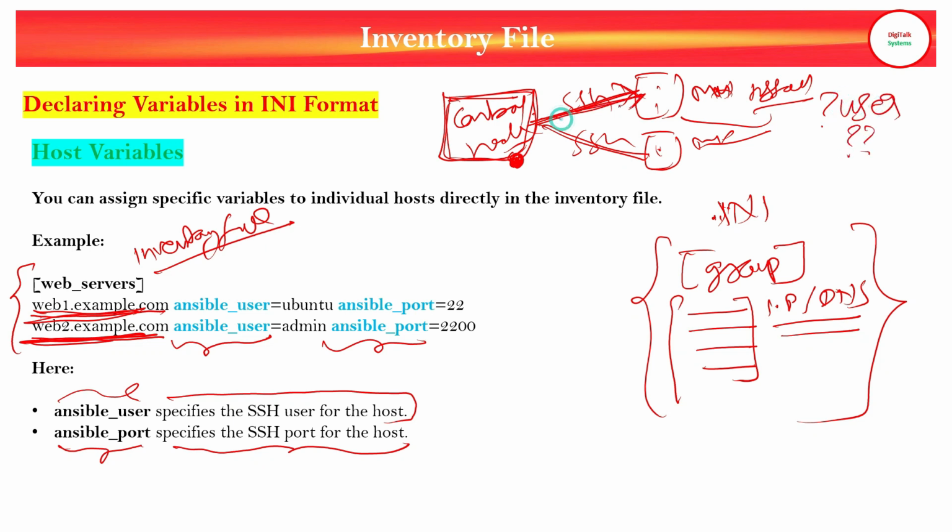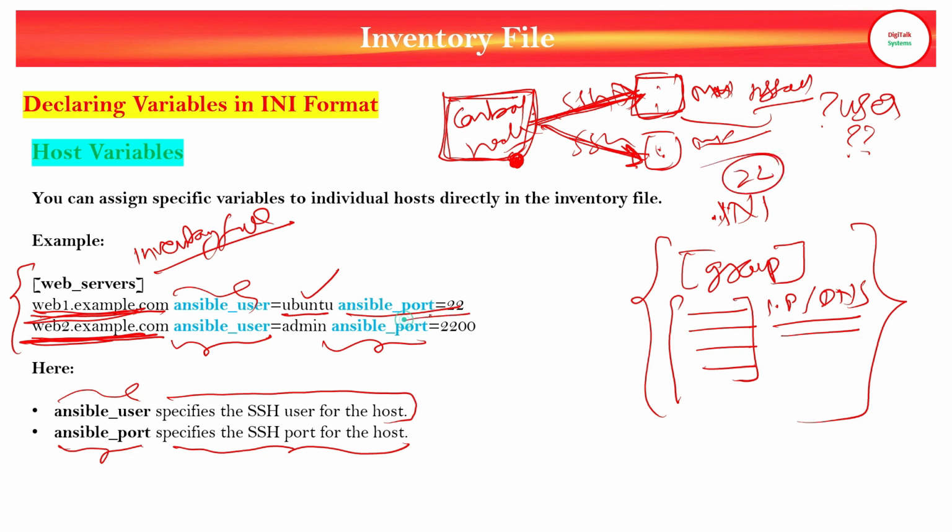Because it is connecting to a Linux machine, it has to connect as some user. So we can specify a username here with the help of ansible_user. When the control machine connects to your managed node, it connects as the user name given here. And on which port? By default, SSH runs on port 22.